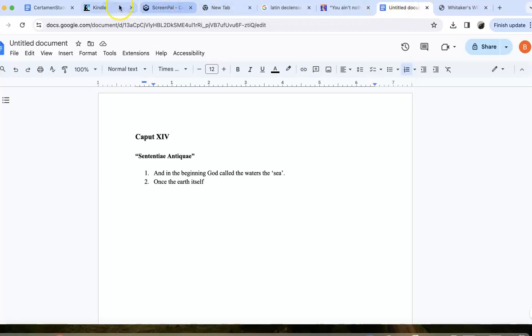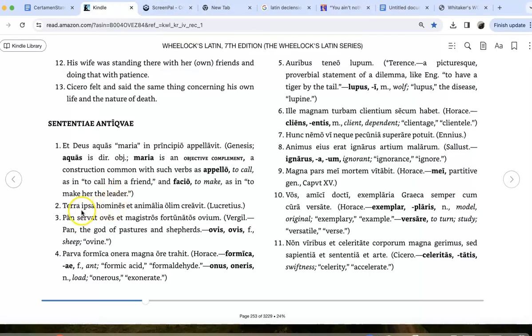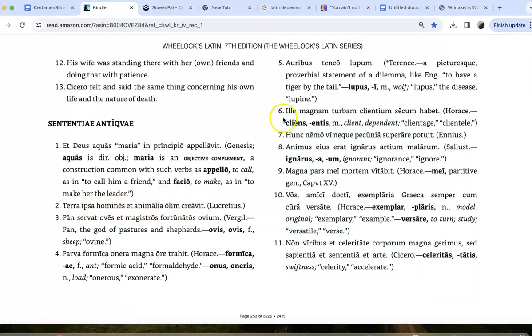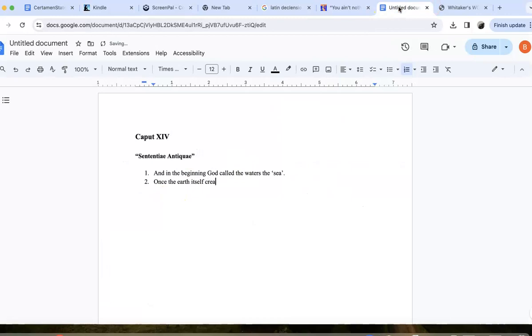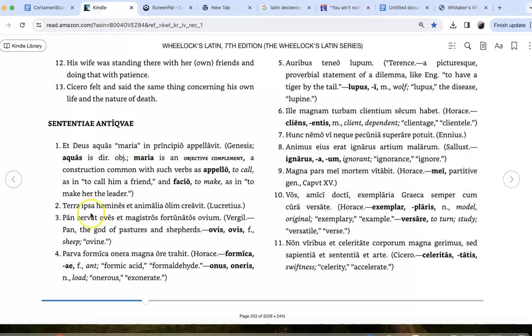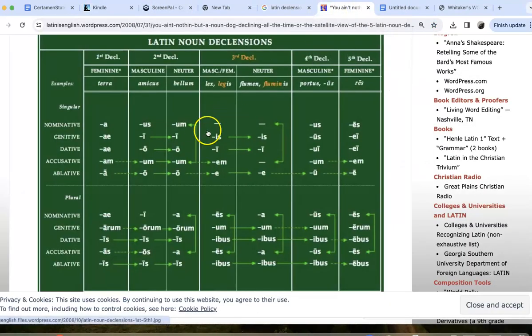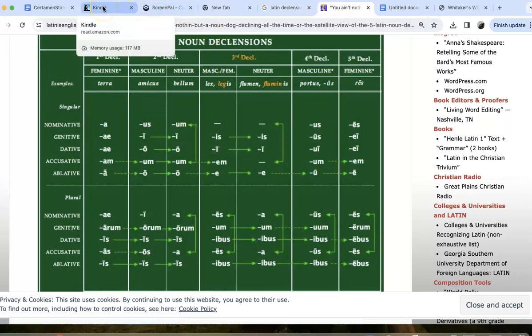So once the earth itself, olim terra ipsa, created men and animals. If you want to say human beings, that's fine too. So created human beings and animals.